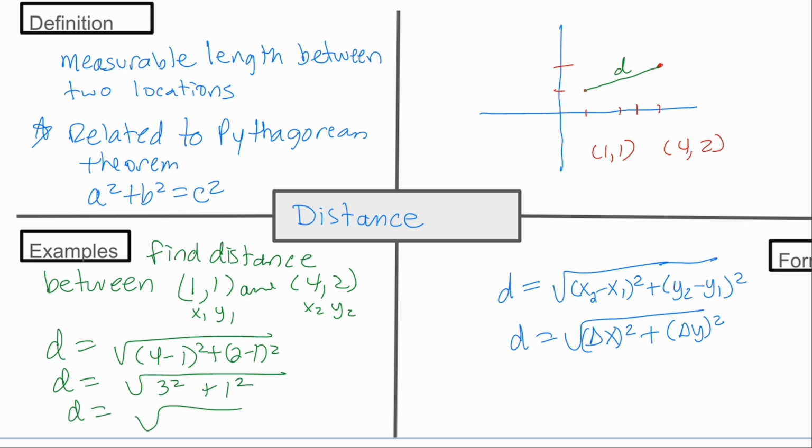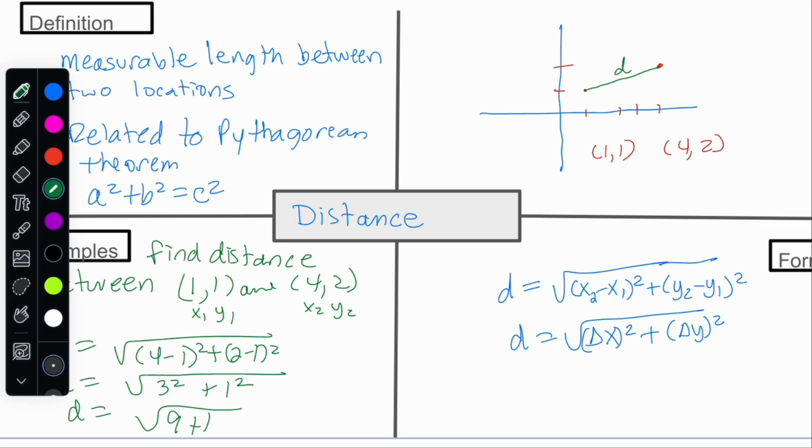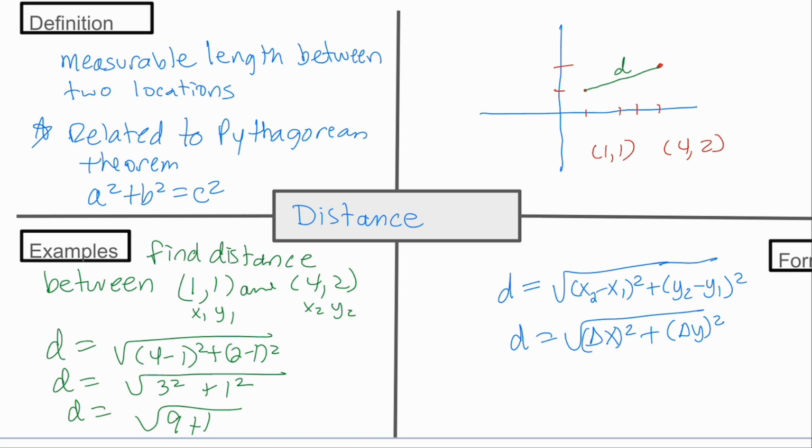Then we'll do the squared. 3 squared is 9. 9 plus 1 is 10. So that's the square root of 10. Now, since that's not a perfect square root, just reduce it as much as you can. Can't do anything else. Leave it. That's the distance between those 2 points.